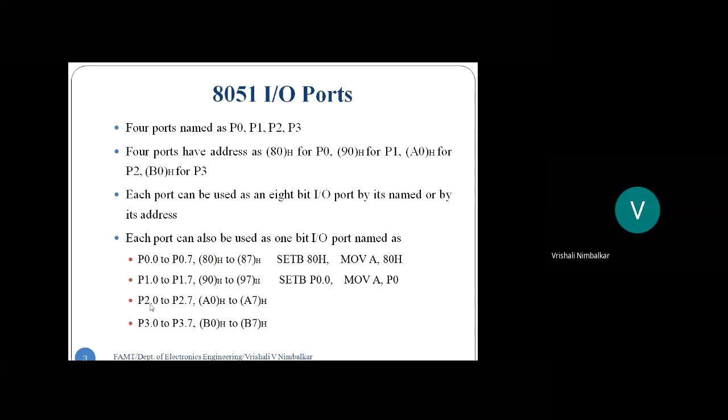For port 2, P2.0, 2.1, 2.7, the respective addresses are A0, A1, A2 up to A7. Port 3, P3.0, 3.1, 3.7, addresses B0, B1 up to B7. Remember, students, you refer to the port by its name or by its address. Either you use it as 8-bit, or as 1 bit, or as a group of 4 bits, a nibble. You can combine the port bits the way you want.